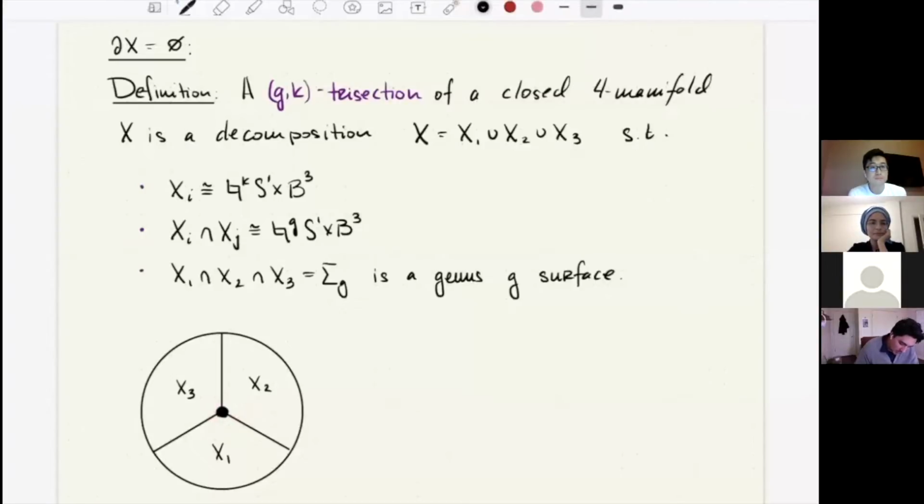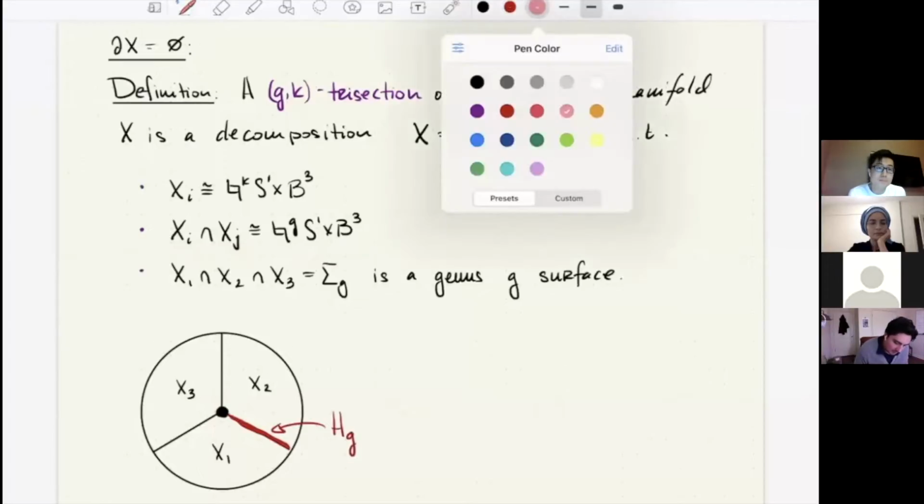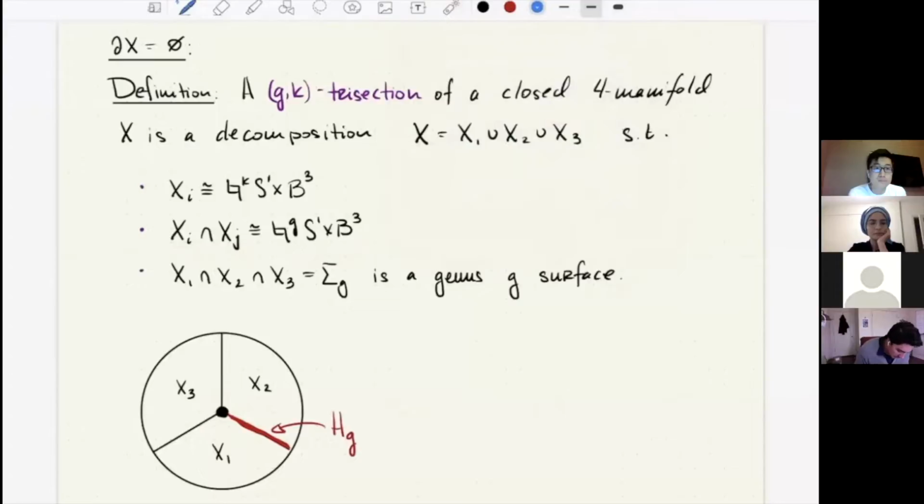And one thing I want to point out is this pairwise intersection here. We could think of that as, okay, so here's one of our handle bodies, genus G handle body, HG, and over here is another genus G handle body, HG prime.